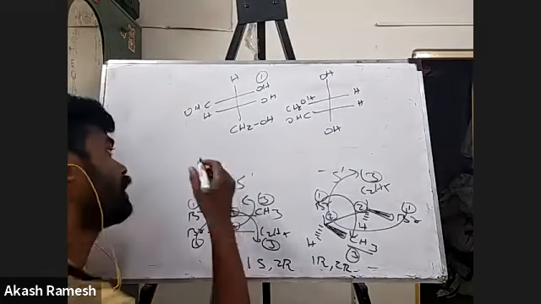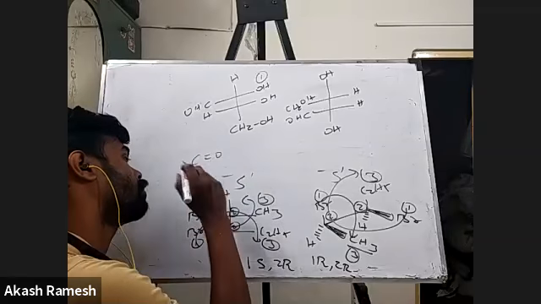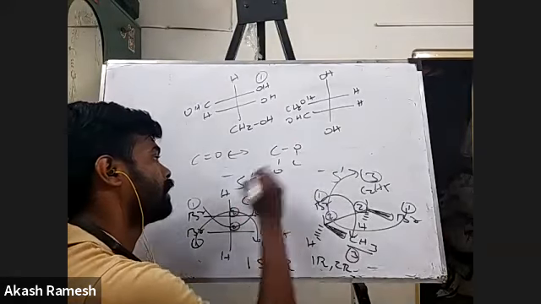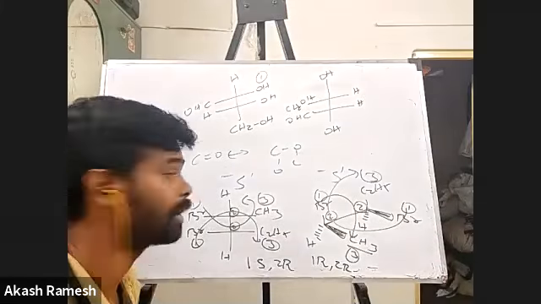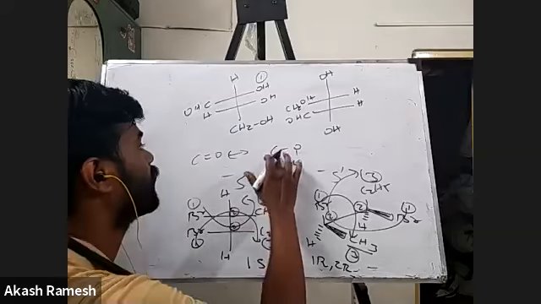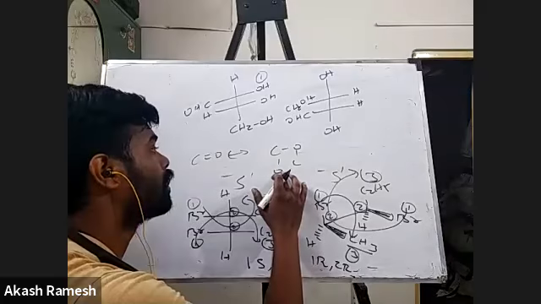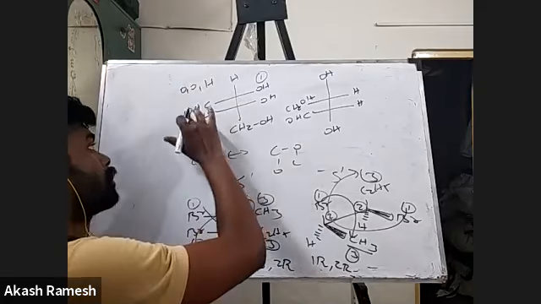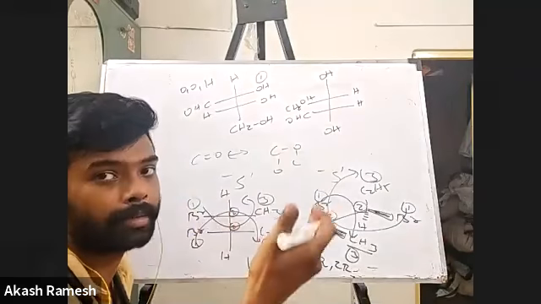Now I have to check what it is going to be. So we already know when I have C double bond O, we know how we are going to represent it. It is going to be like this, right? For this carbon atom, I have oxygen, oxygen, and hydrogen. The next atoms, I'm telling.